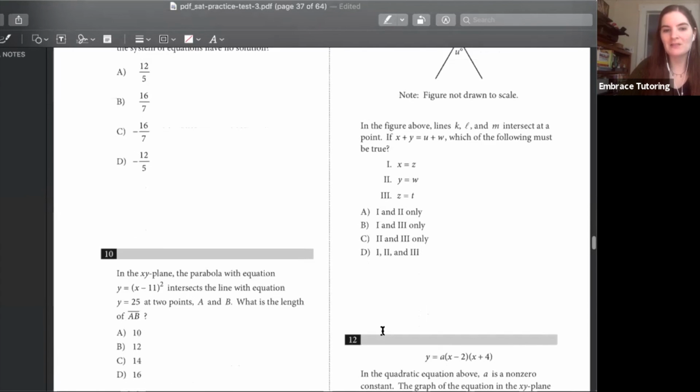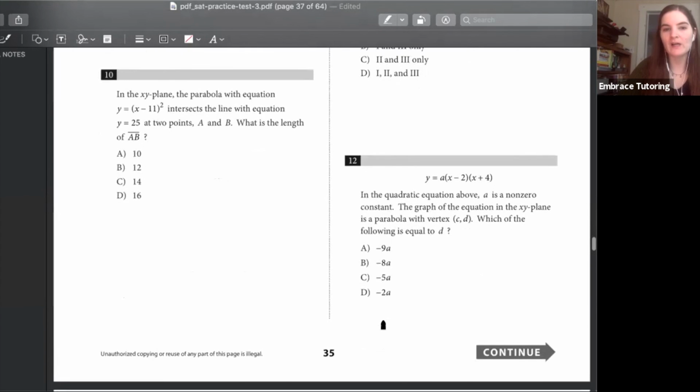So a lot of this has to do more with your ability to find and interpret information than your ability to solve a question. I mean, you do still have to solve questions. Like here, we're dealing with the graph, like which of the following is equal to D. You have to figure that out based on the information that you have with the graph of the equation.